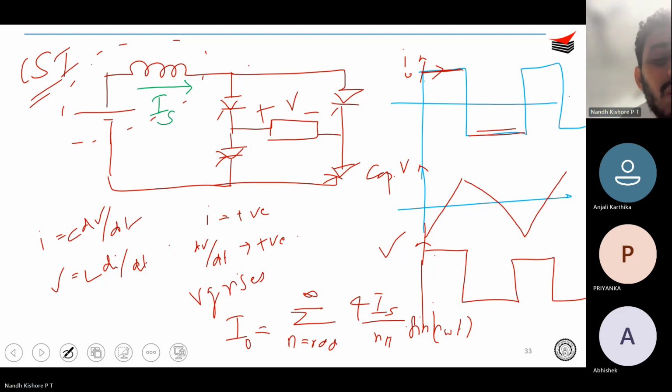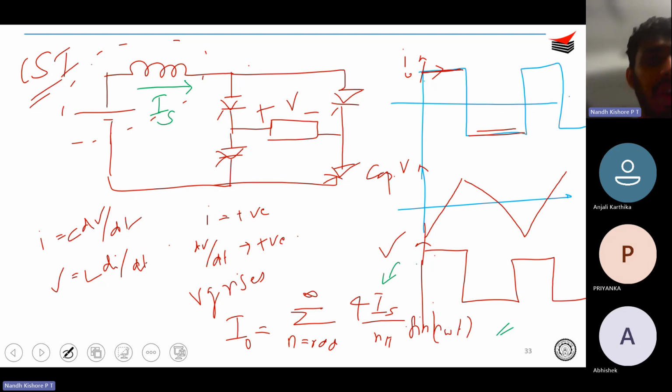So you have a constant current source Is over here. Then in that case, I naught will be 4 Is by n pi sin n omega t. Okay. And what will be V naught? V naught will be I naught multiplied by whatever is the impedance. Impedance can be, of course, R plus J omega L or stuff. Okay. But anyway, you just replace Vs by Is. Okay. So you got it?